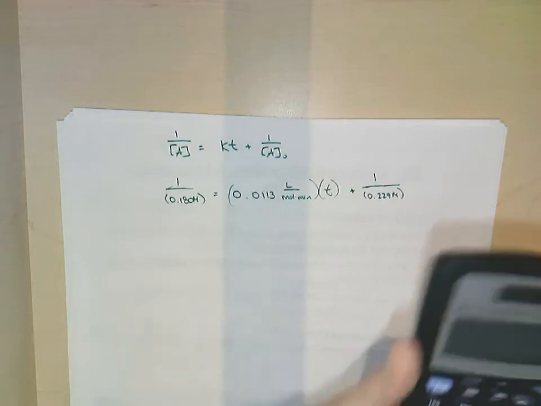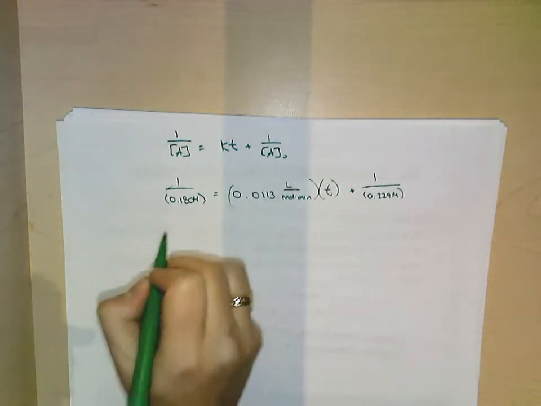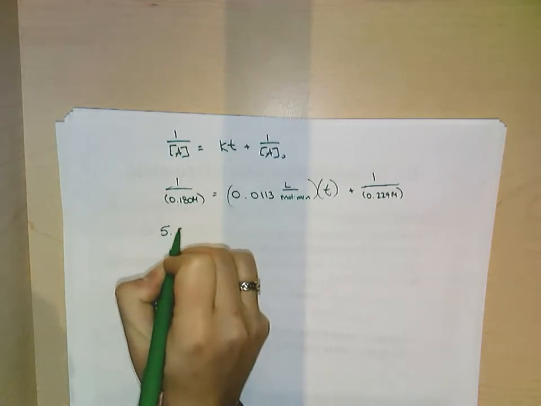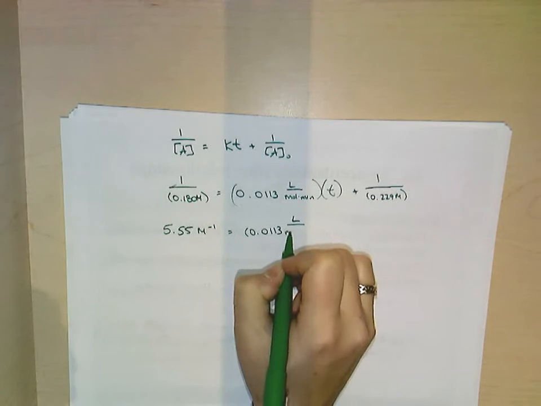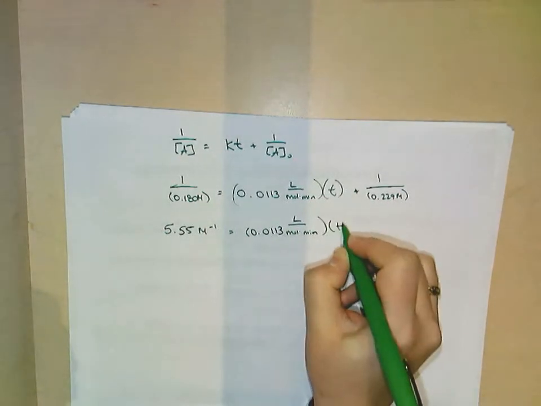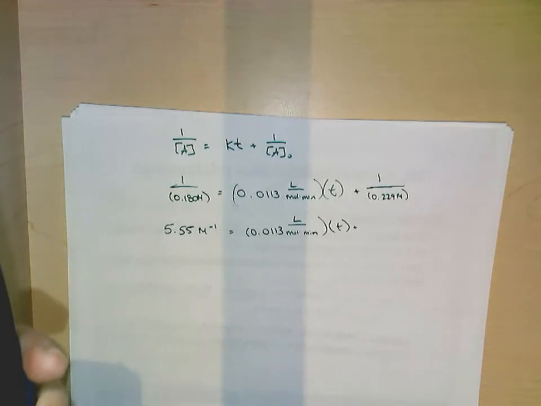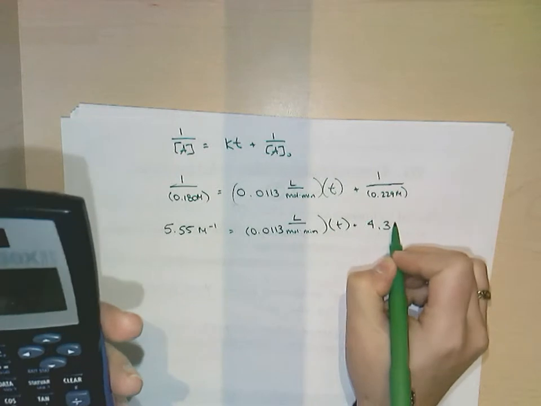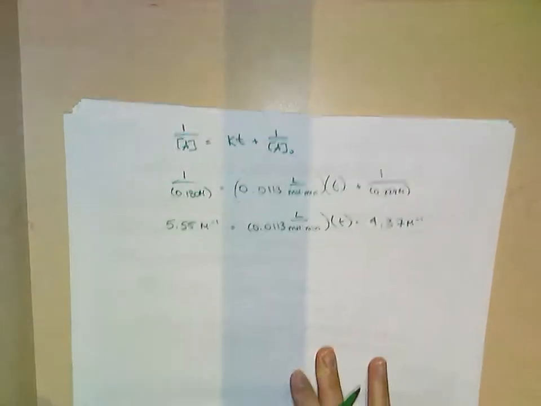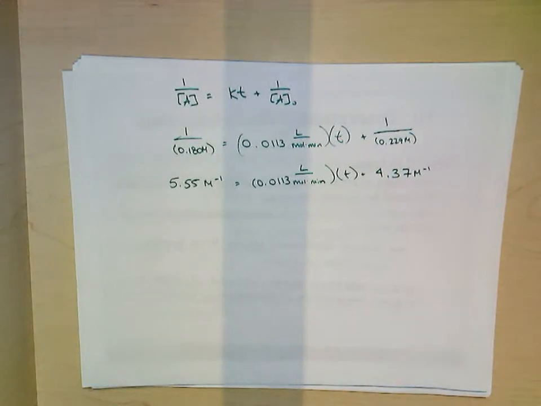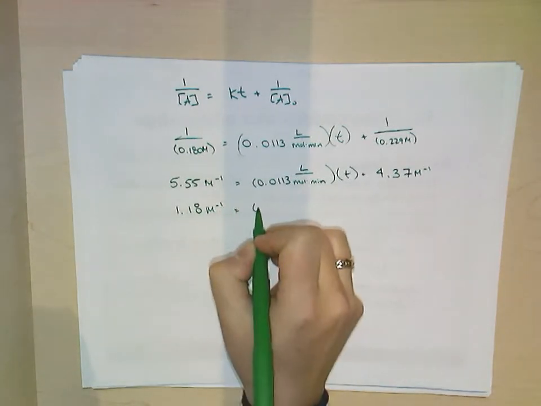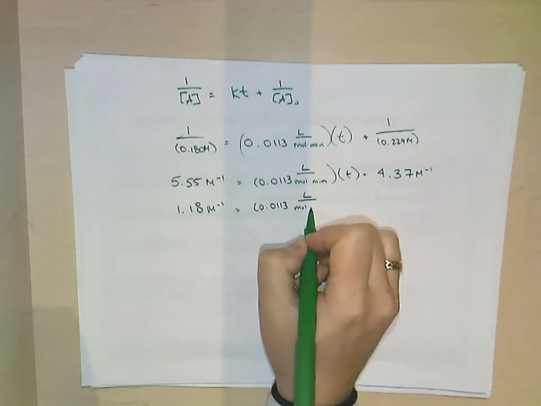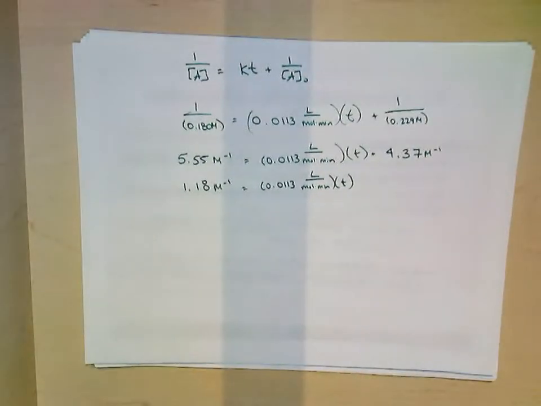All right, so 1 over 0.180. So far there, everybody has the same answer?